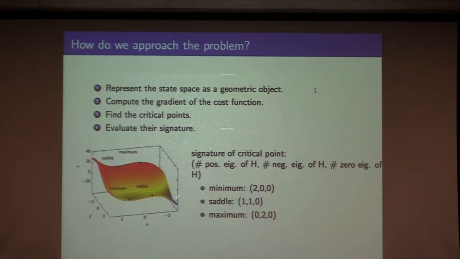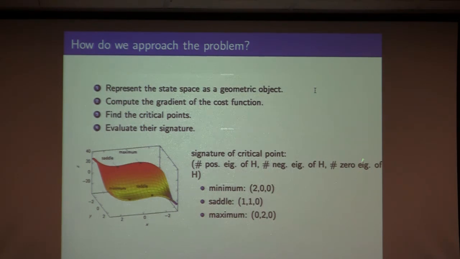Let me briefly remind you of what the signature of a critical point is. Here we have a function from R2 to R. A critical point is a zero of the gradient. The signature is the number of positive eigenvalues of H, where H is the Hessian, then the number of negative eigenvalues of the Hessian, and then the number of zero eigenvalues.